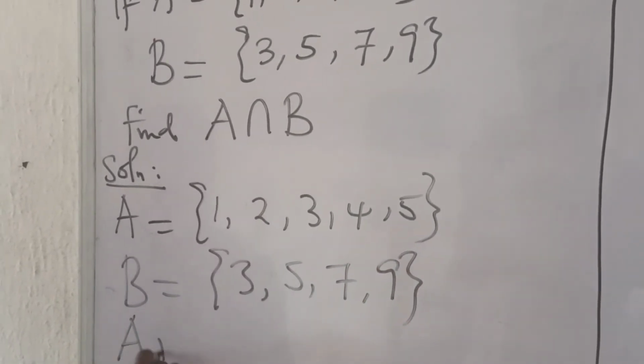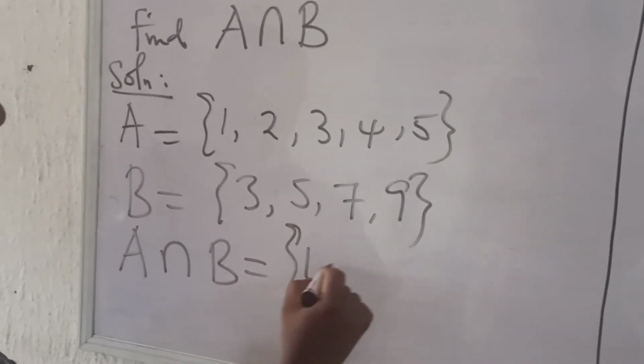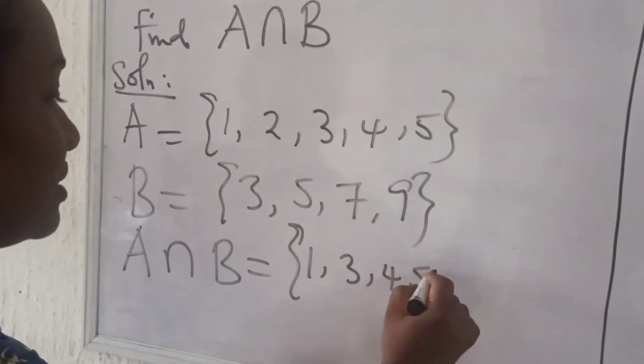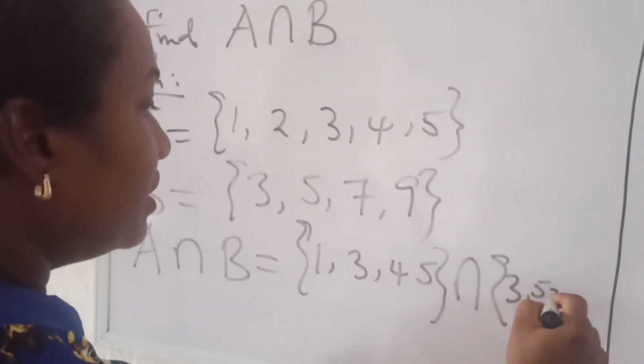Then A intersect B is the set that will be formed by the intersection of the two sets A and B.